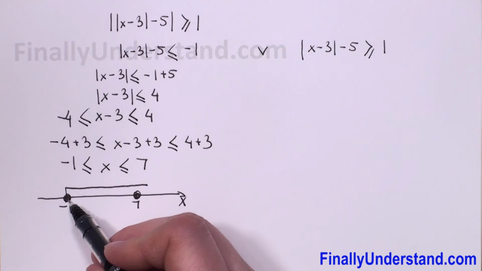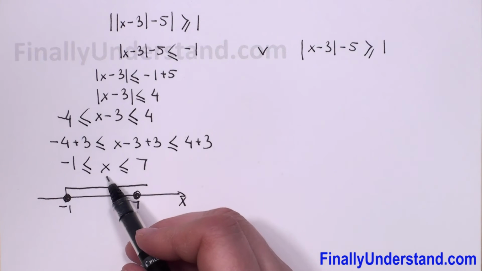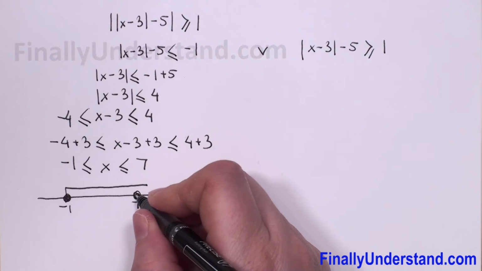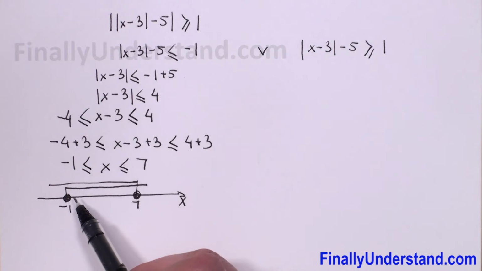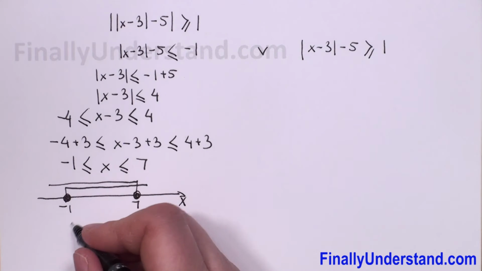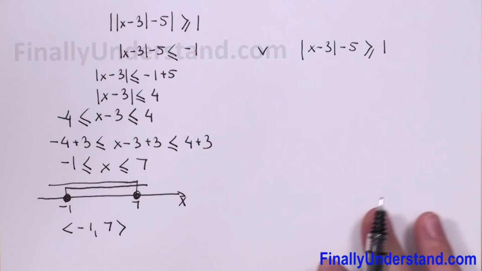We have values greater than negative 1 on the right side. And we have x is less than or equal to 7. Values less than 7 we have on the left side of 7. So we got the interval from negative 1 to 7, closed on both sides. This is the solution to our first inequality.